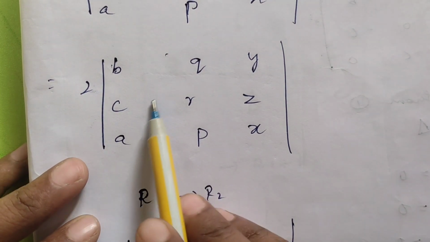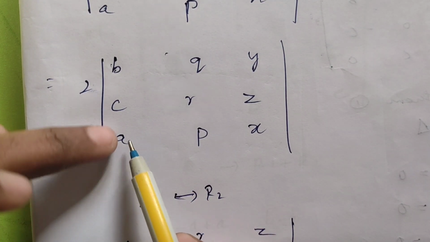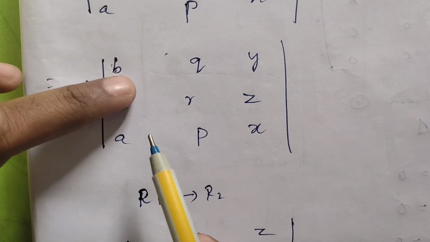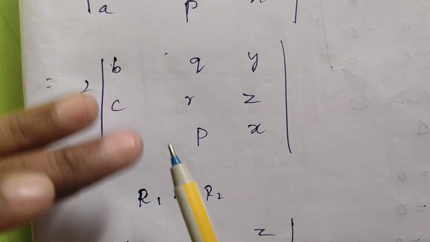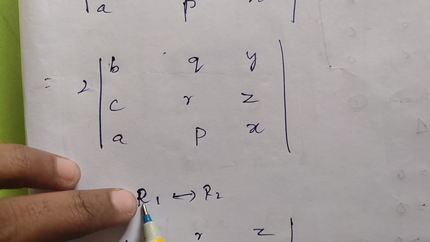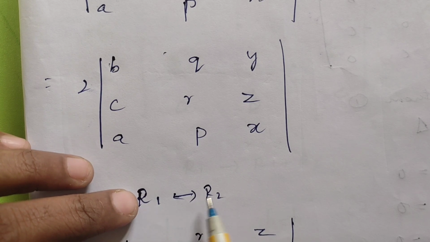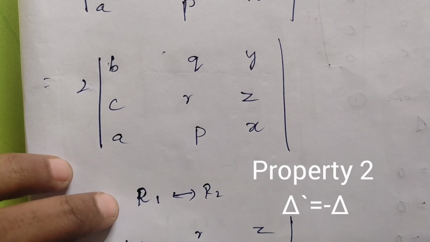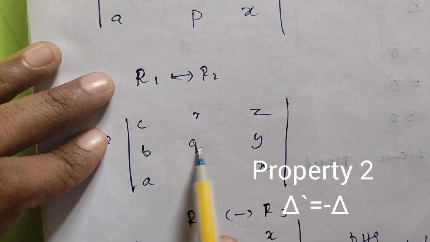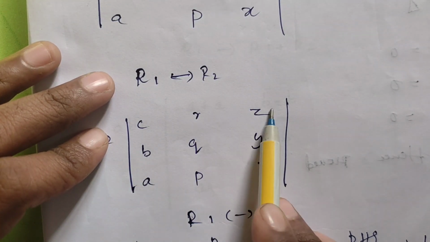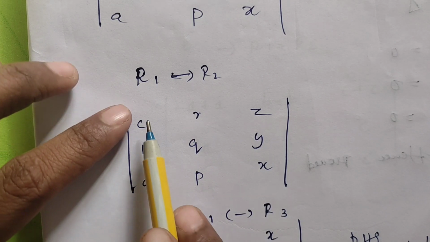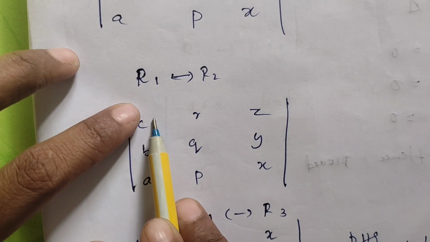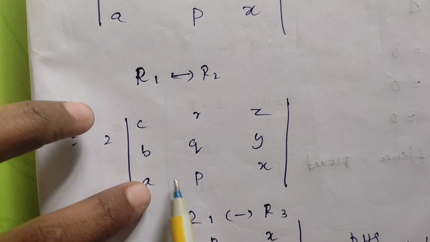But in the question it is 2 into A, B, C, the order is in such a way. So I am just interchanging the first row by the second row, so that B will come here. Therefore, by the property, it is minus of the determinant. The next step is interchanging the first row by the third row and the third row by the first row.